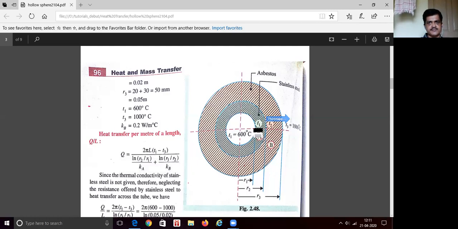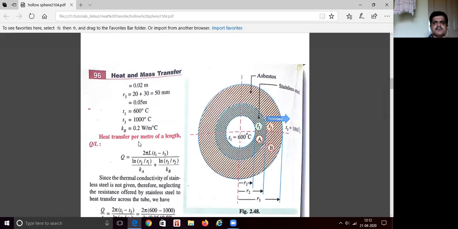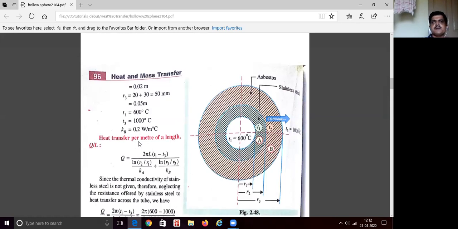You have to take the inside temperature and outside temperature, and intermediate temperatures are neglected in this equation. When we solve this equation, we get 558.57 watts, joules per second per meter, as the answer. So this is a very simple example, but in your syllabus only problems will be asked from Cartesian coordinates.